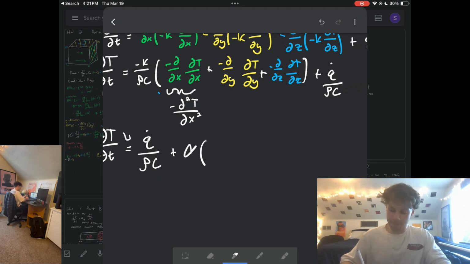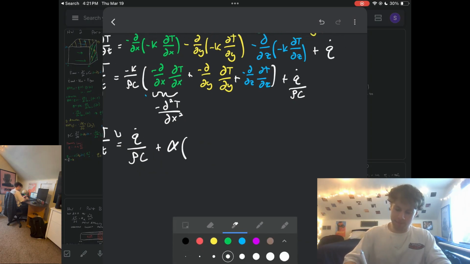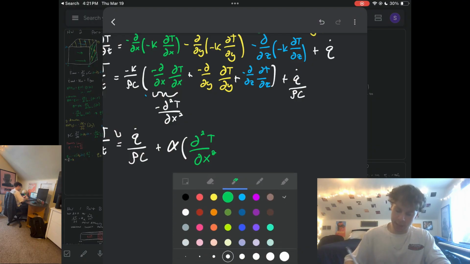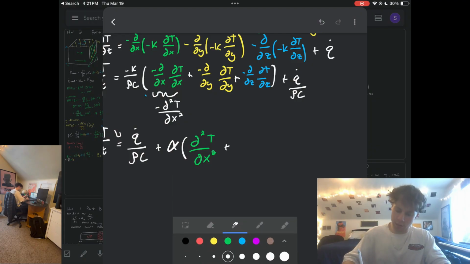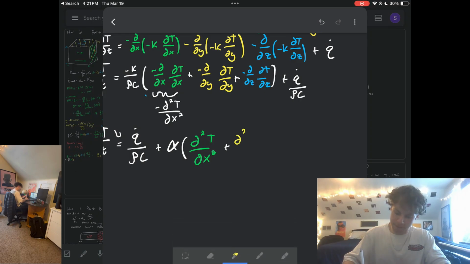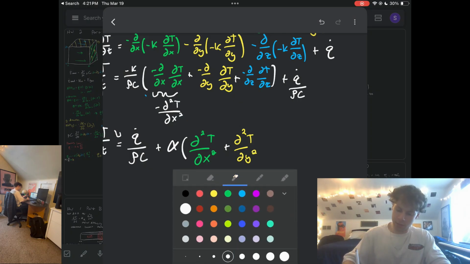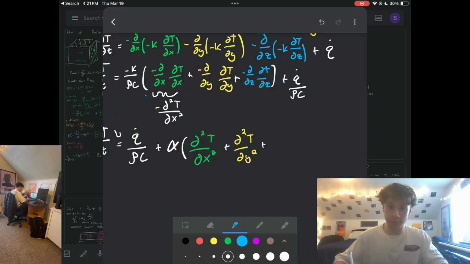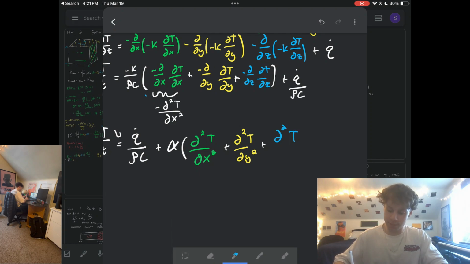Thermal diffusivity times second derivative of temperature with respect to x plus the second derivative of our temperature with respect to y plus second derivative of our temperature with respect to z. And here's our equation.